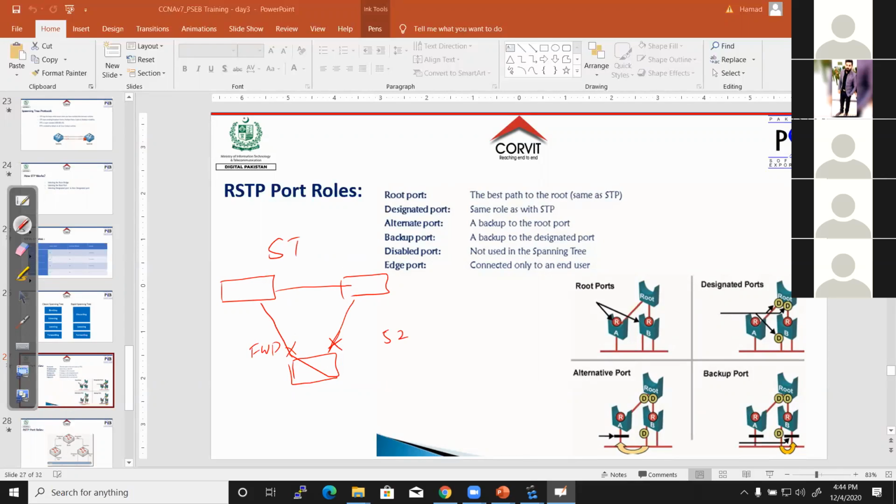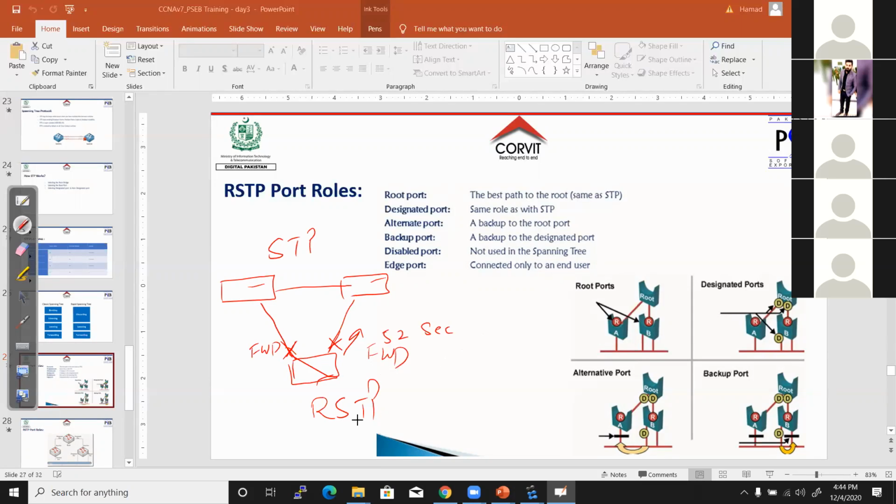When we are in STP. But whenever we enable RSTP in all the switches, if this thing goes down, seamlessly and without any delay, this link comes into the forwarding state. And 52 seconds is a huge time.